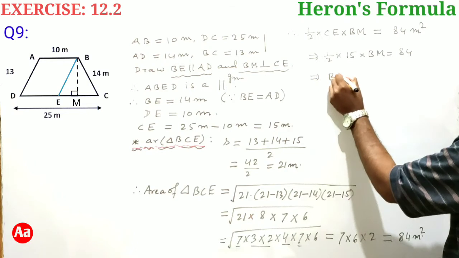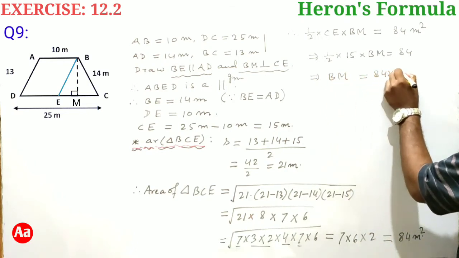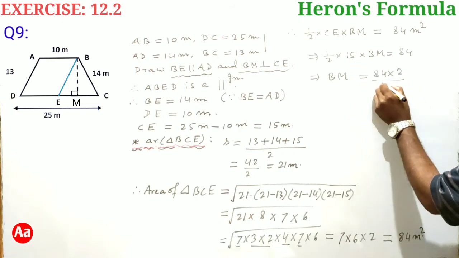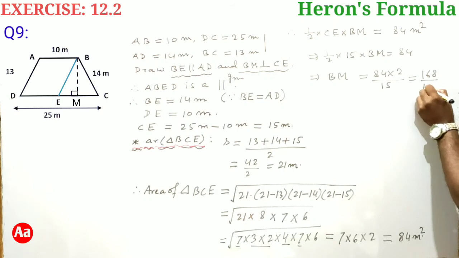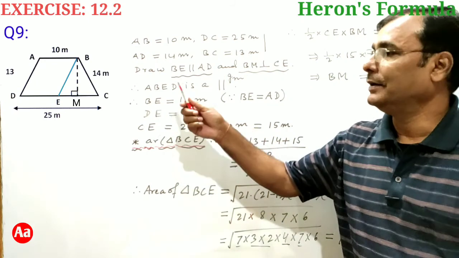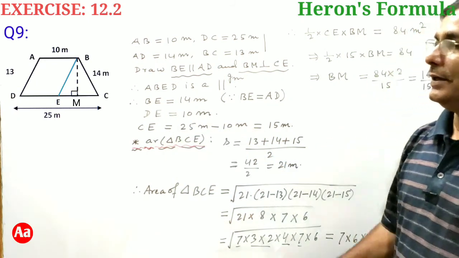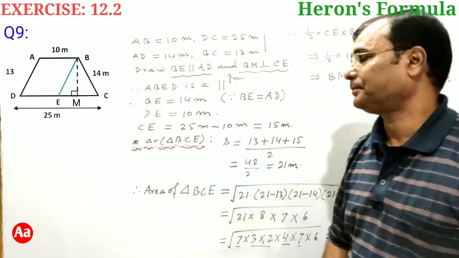So BM is equal to 84 into 2 divided by 15, so 168 by 15 meter. This BM is height of triangle BCE as well as height of trapezium shaped field ABCD.